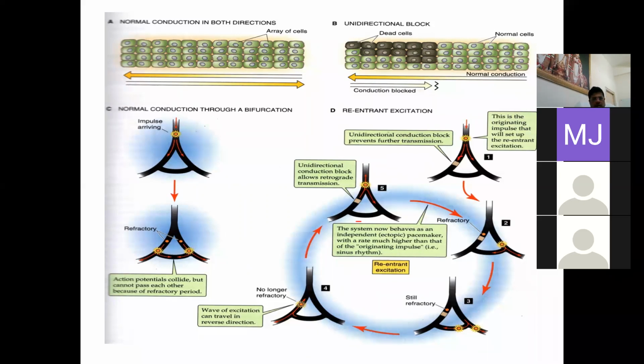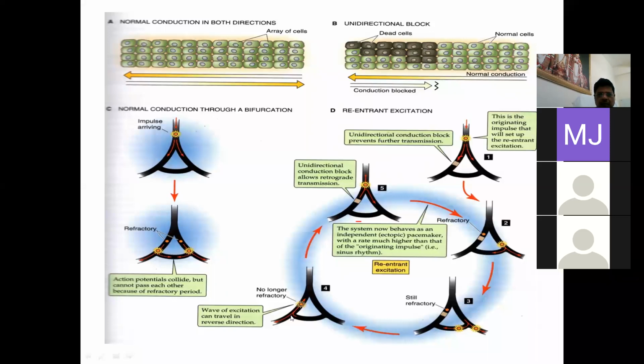Okay? See, the block which is there in this branch, the first condition we told, is it bidirectional or unidirectional? Unidirectional. It is not allowing conduction in the anterograde direction.